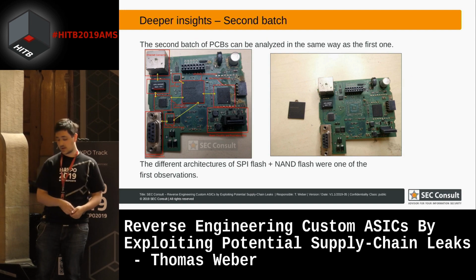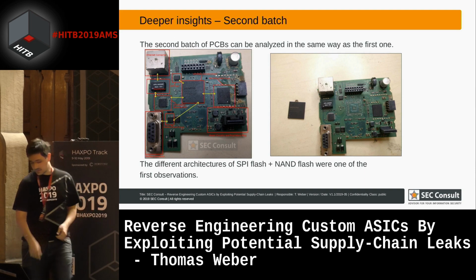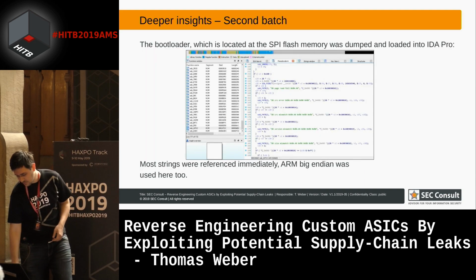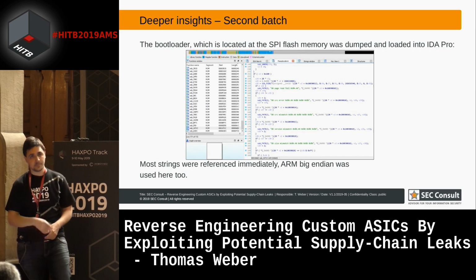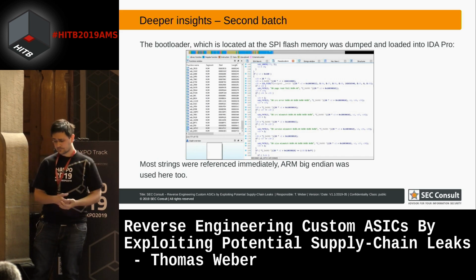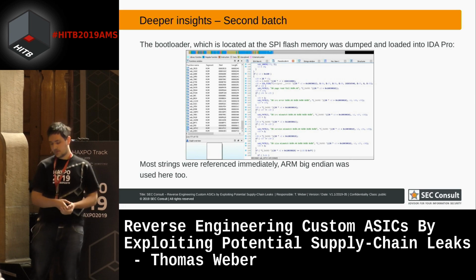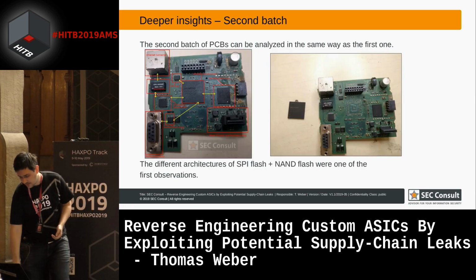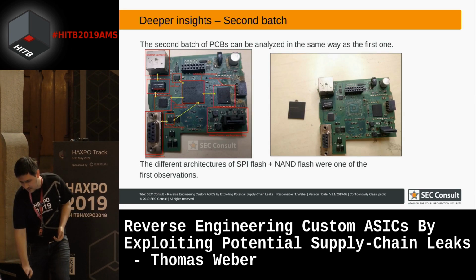For the second batch, I did the same. Also started with removing the flash chip and the system on chip, and it was also ARM, but a different architecture. And I identified that by removing the SPI flash, the small one here.